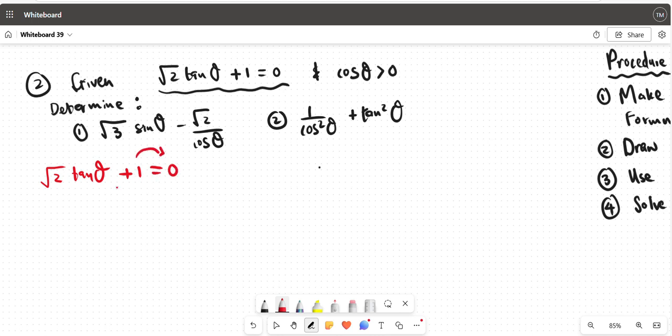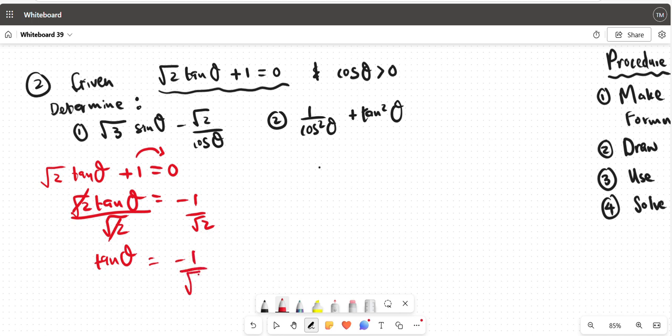We're going to first take the 1 to the other side. And so we have a negative 1. And then we're going to divide on both sides by root 2. And at this point, tan theta is equal to a negative 1 over root 2, right?